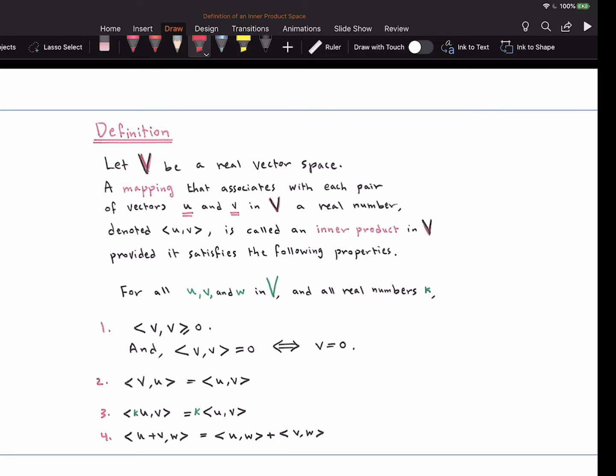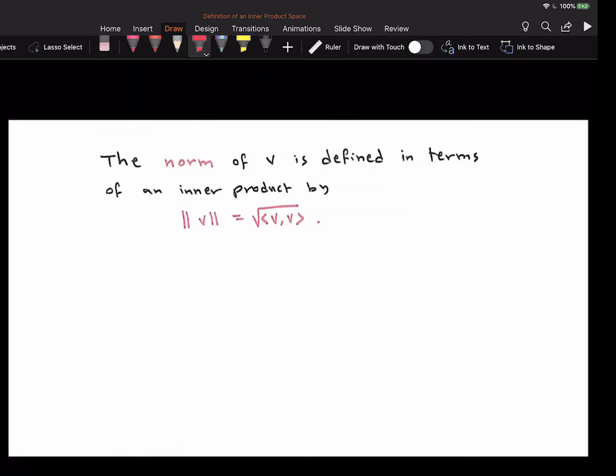The inner product between v and u is the same thing as the inner product of u and v. The scalar k multiplied by u, inner product with v, would be the same thing as the inner product of u and v, then multiplied by the scalar k.